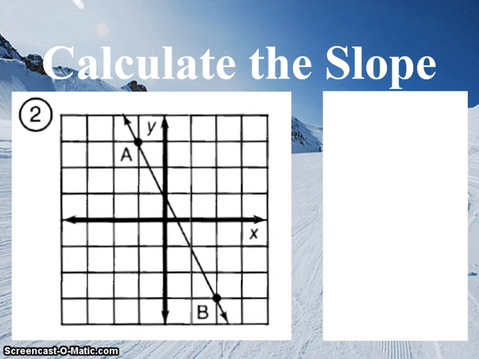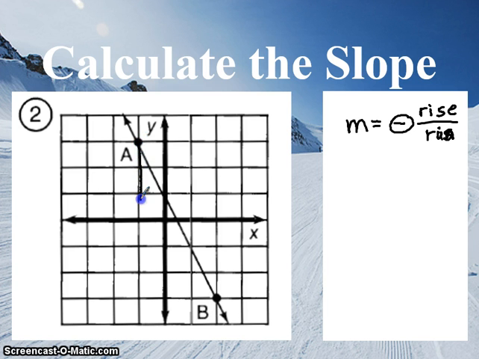Let's look at another example. In this example, we know that our slope is going to be a negative number because see how it's going downward? So we know our slope is going to be negative, and it's going to end up being the rise value over the run value. Start at our leftmost point, which is in this case A. Are we going to have to rise to get to B?